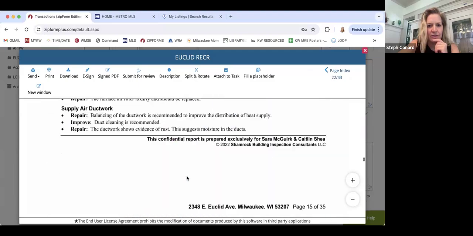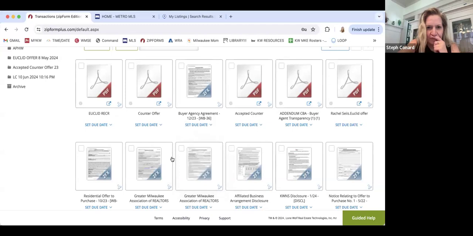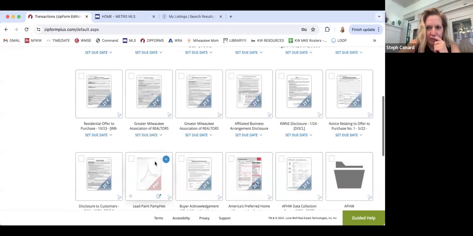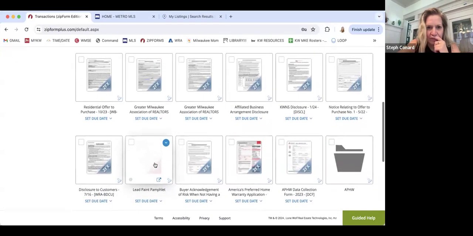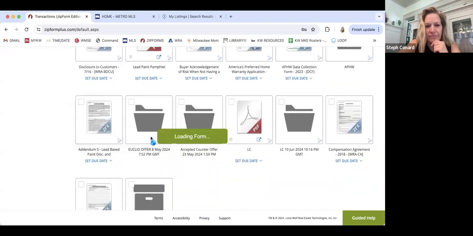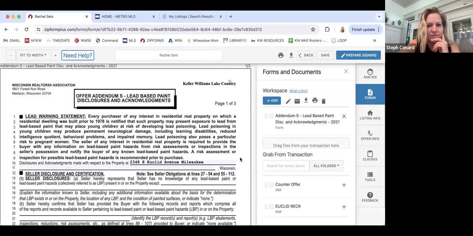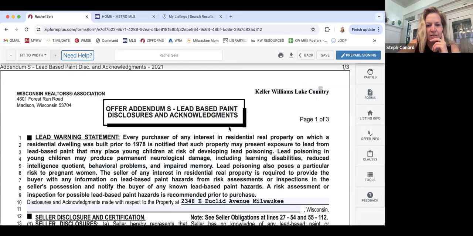Now to get to the Addendum S. Here is the Addendum S. This is also included on any properties listed built prior to 1978.